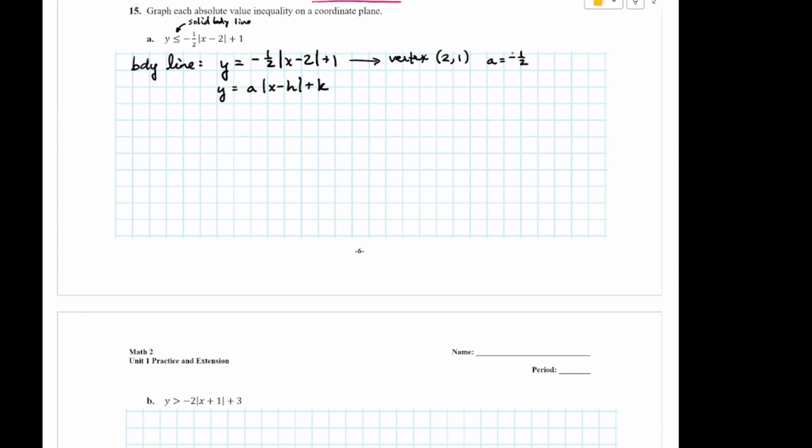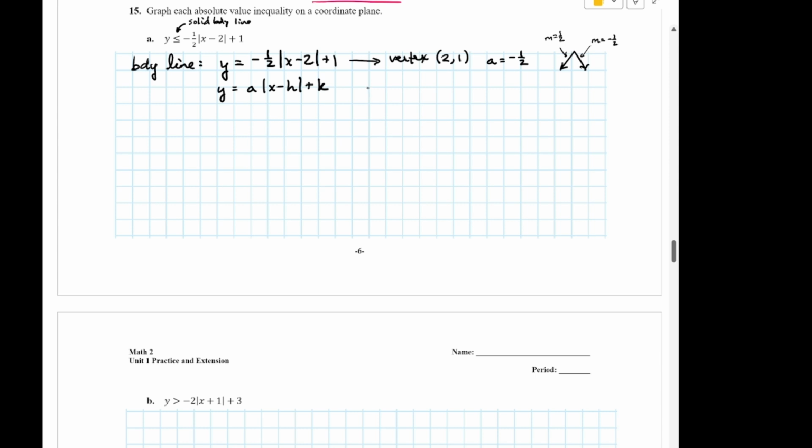Since a is negative, we know that it opens downwards, okay? And we know that one side is going to have a slope of negative 1/2. That's got to be the side going downhill, so slope is negative 1/2. And the other side, the slope is 1/2. So that's all we really need to plot this whole thing.